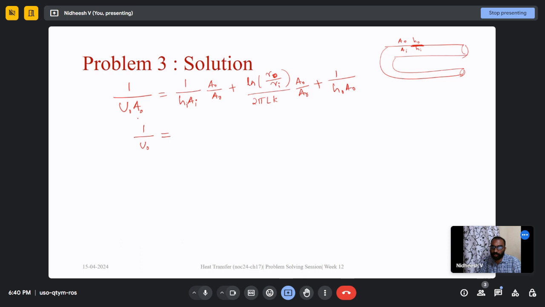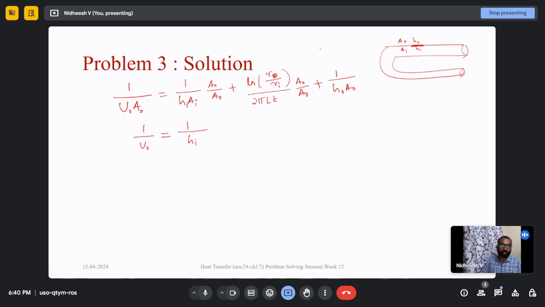So let me cancel A0 throughout this. It can be rewritten as 1 by Hi into A0 by Ai. A0 by Ai would be, what would be the difference in the two cases?